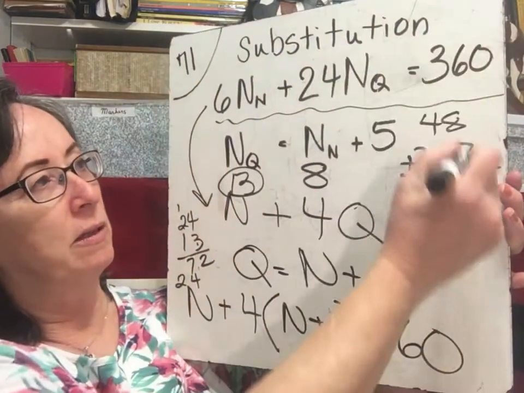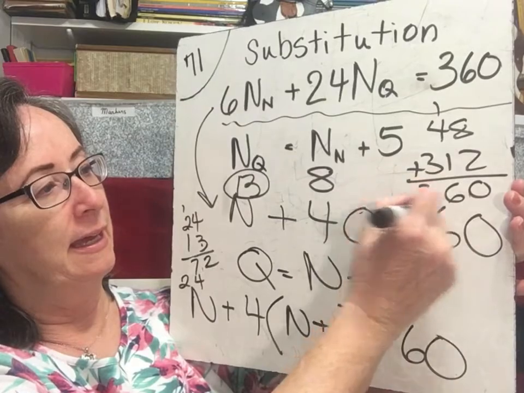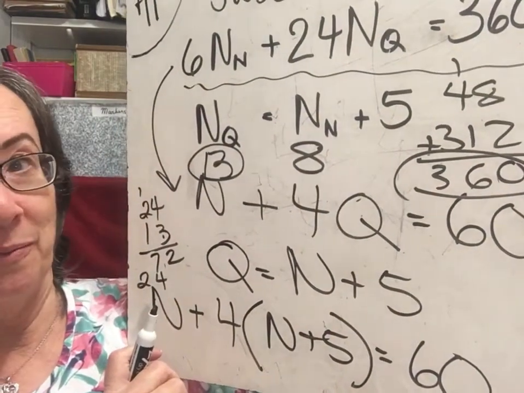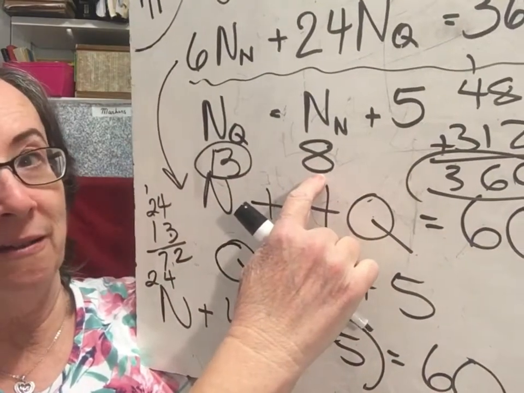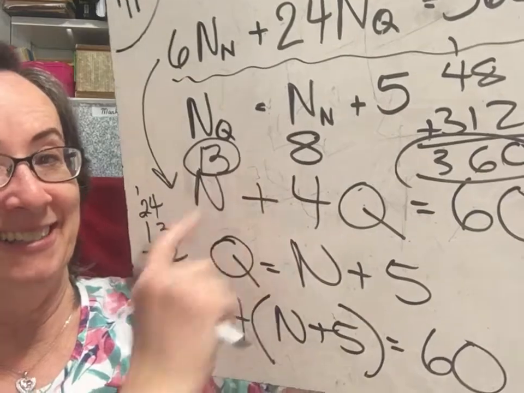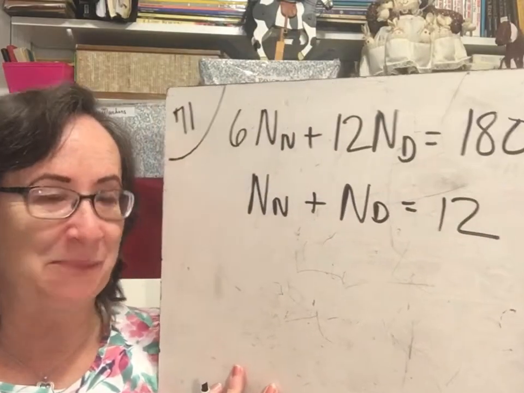Does that equal 360? And it does. So we solved the problem. The number of nickels was 8, and the number of quarters was 13. And it worked. This is the last practice problem on this problem.